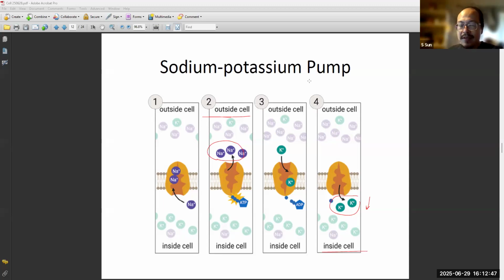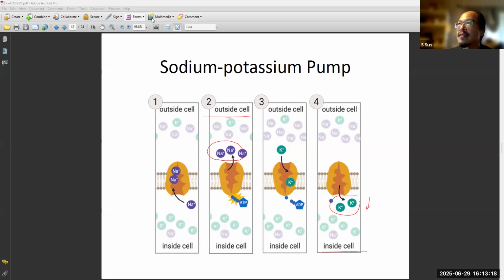We need to know that it pumps 3 sodiums out and 2 potassiums in. These pumps will result in two consequences. One is that you're going to accumulate sodium outside of the cell, and you're going to accumulate potassium inside of the cell.